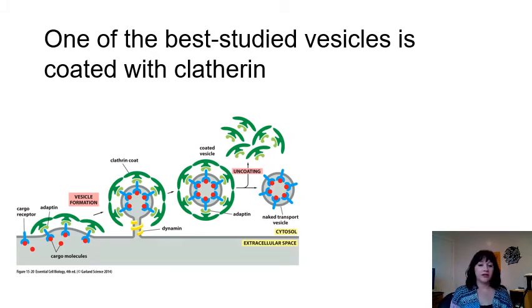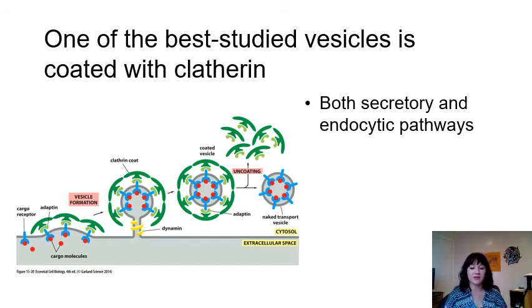Now to actually bud off, we have a second protein called dynamin, which is kind of like a twist tie. It kind of tightens and tightens and tightens on the neck of that vesicle until it breaks off. Now you have a coated vesicle with the correct target protein inside of it. It doesn't really need the clathrin anymore, so the clathrin is released, right?